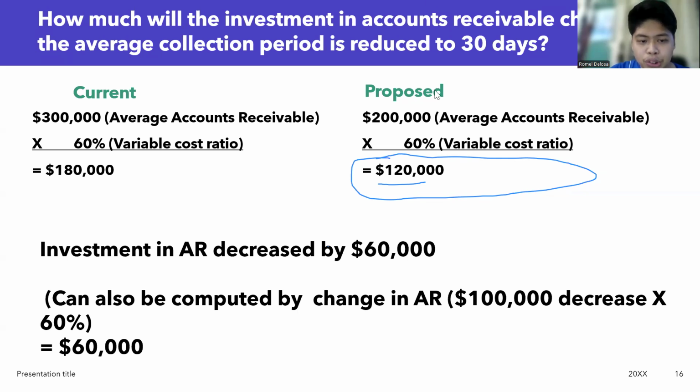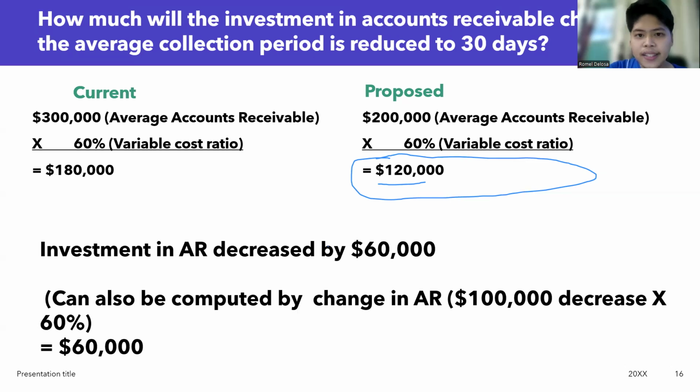And then sa proposed, ano na yung average AR? It's 200,000 times 60%. So that is $120,000. So this is the investment in AR in the proposed policy. Ibig sabihin, if we follow the proposal, the investment in AR will be $120,000.